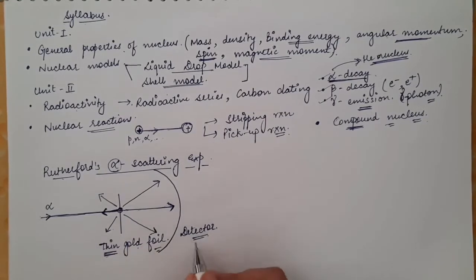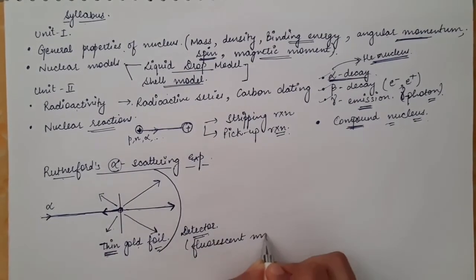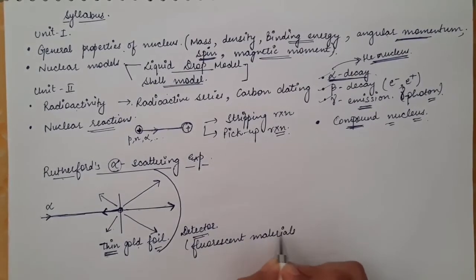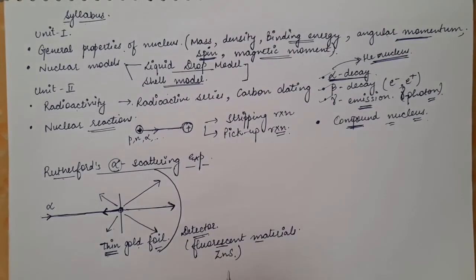This detector was made up of a particular material called fluorescent material, generally zinc sulfide. So what are the properties of fluorescent materials?